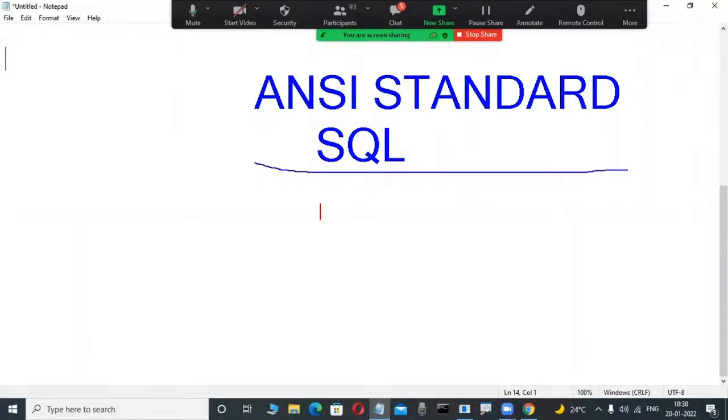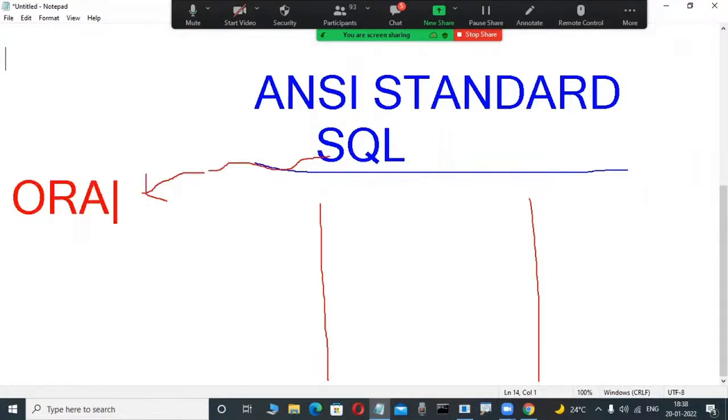But observe here: from this ANSI standard SQL, Oracle Corporation created their own SQL, which is called Oracle SQL. That is important, and many people don't know it.